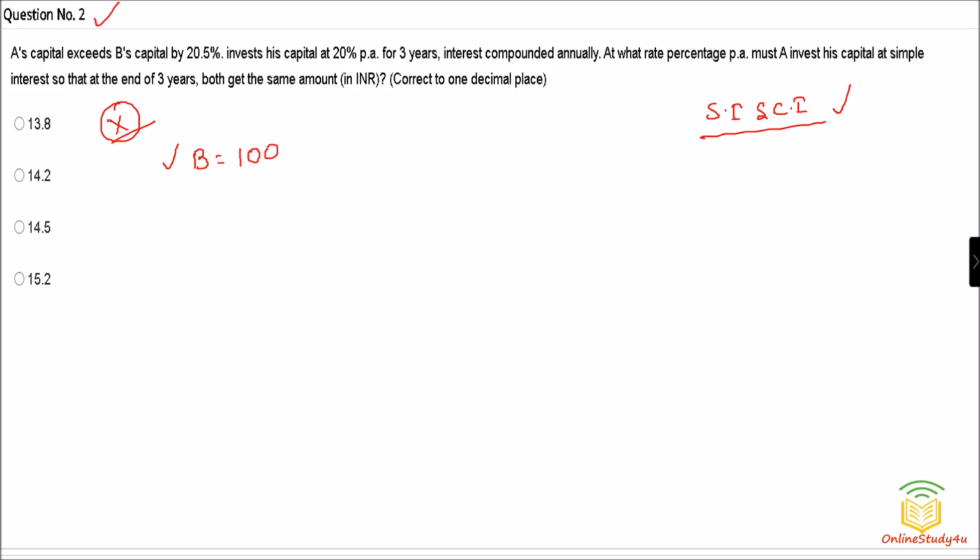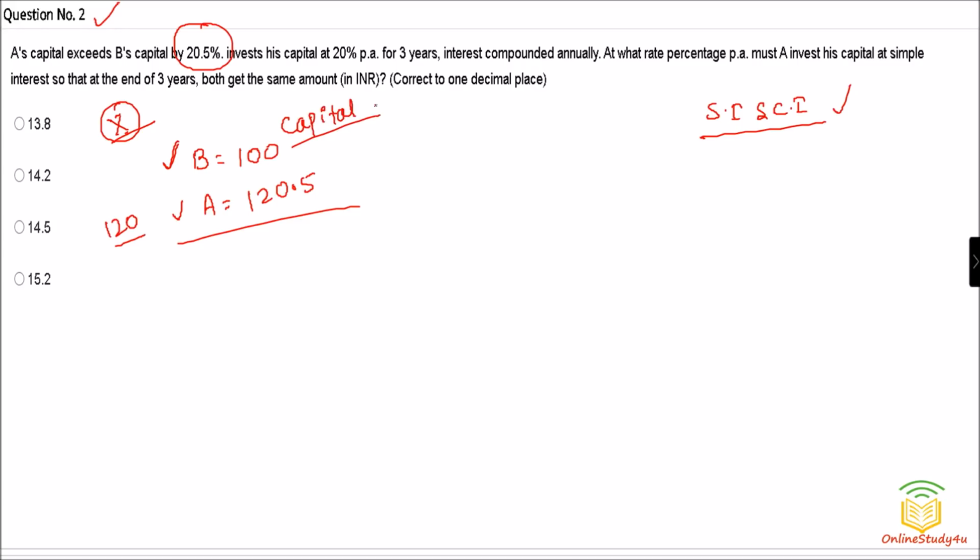X will complicate everything, so always be aware of X. So assume B equals 100. Your answer is not going to change, whether you take X, Y, Z, A, B, C, D, any value, 1000, 2000, 1 lakh, 1 crore. Now A's capital exceeds B's by 20.5%. If it is 20%, you would have written 120. If it is 20.5%, you will write 120.5, right? Okay. So you easily got the A and B capital.